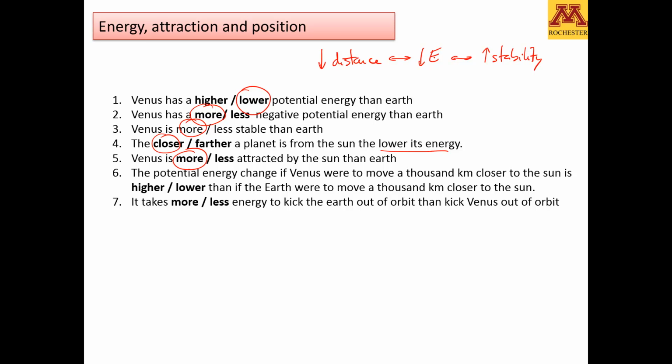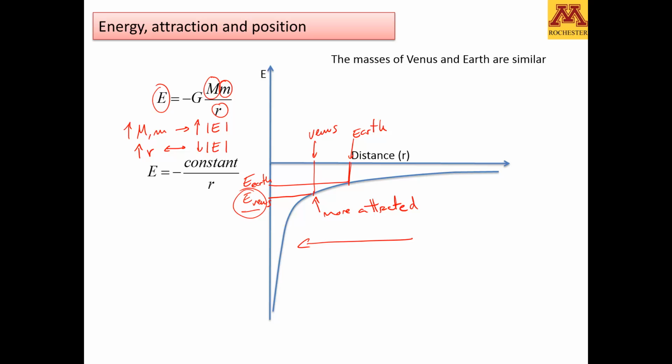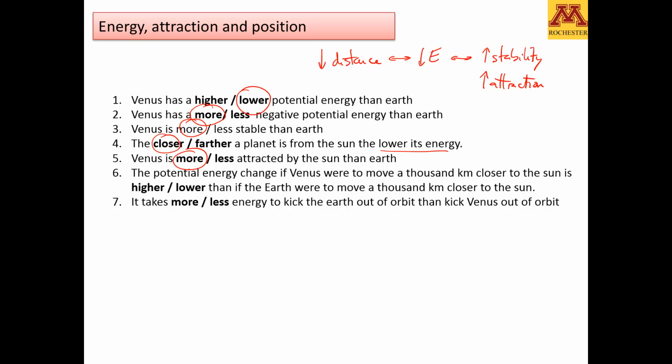So the lower the distance, the lower the energy, the higher the stability, the higher the attraction. If you think of the attraction as the slope, and those of you who've taken physics may remember that the derivative of the energy versus distance is the force. If you remember, actually there's a negative sign.